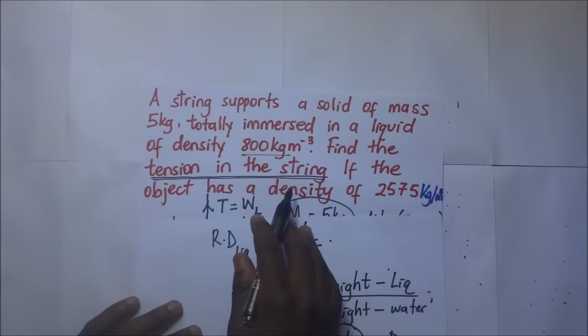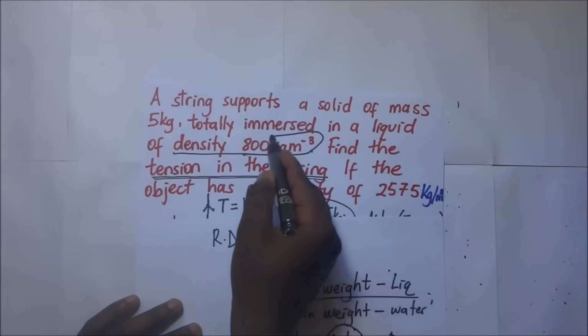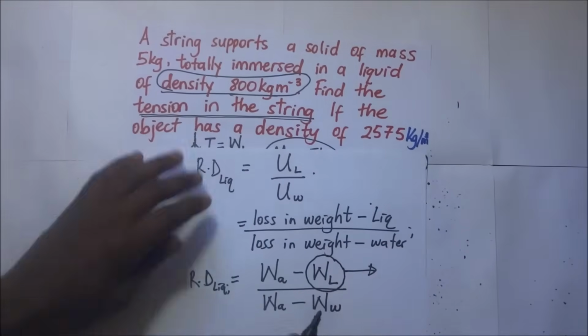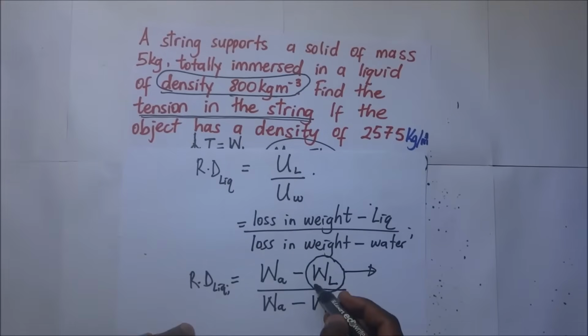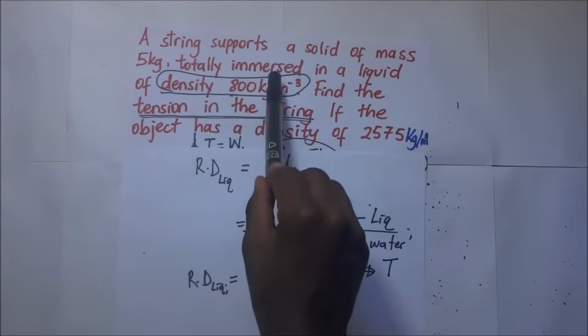In this case, our liquid we are talking about is a liquid of density 800 kilograms per meter cubed. So now this is the liquid we are talking about. So the weight of the solid mass when it is in the liquid is equivalent to the tension that is experienced in the string when that solid mass is in this liquid.